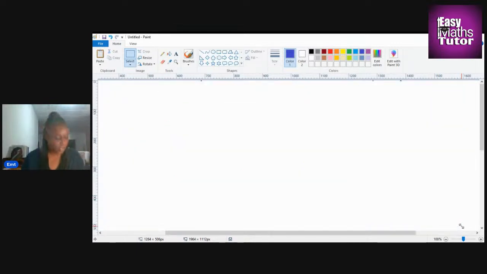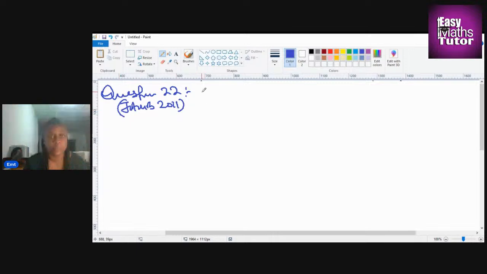So we'll move on to the next problem, which is question number 22. It's also a matrix problem. Question 22 from the Jamb 2011 past question.